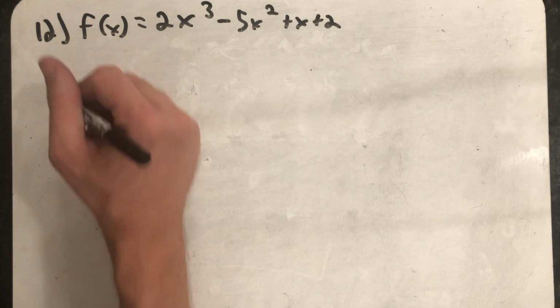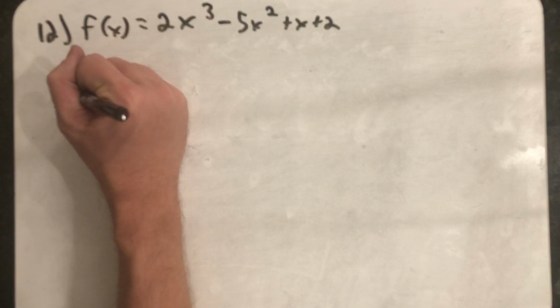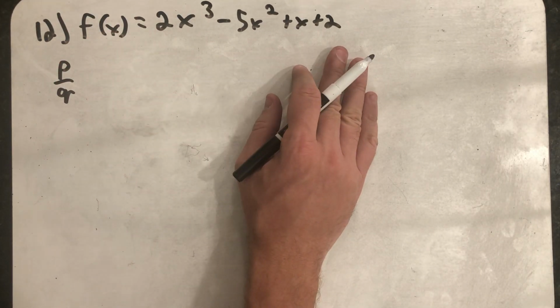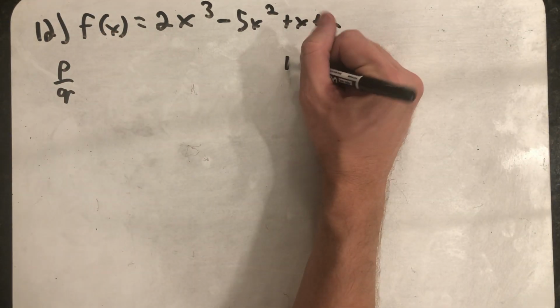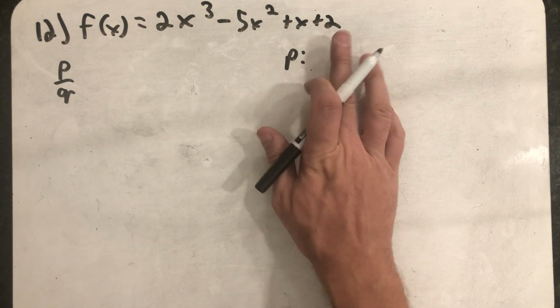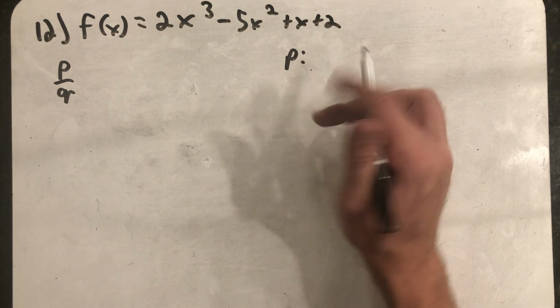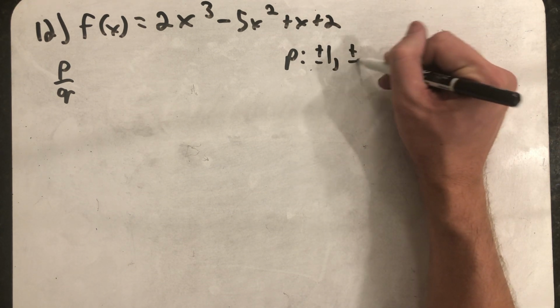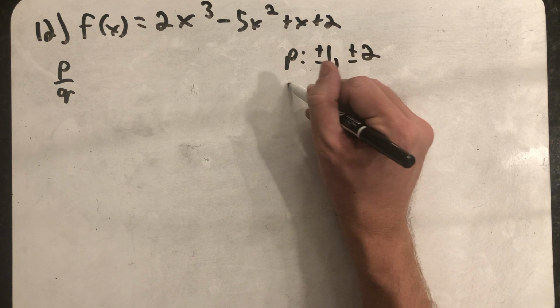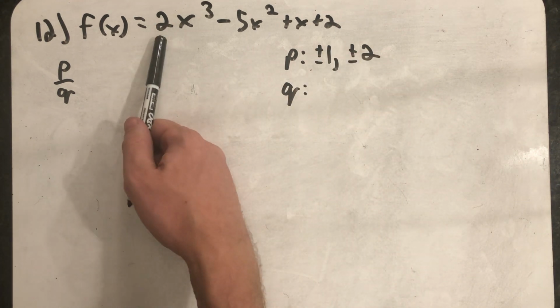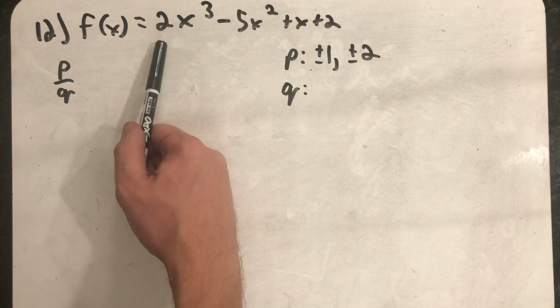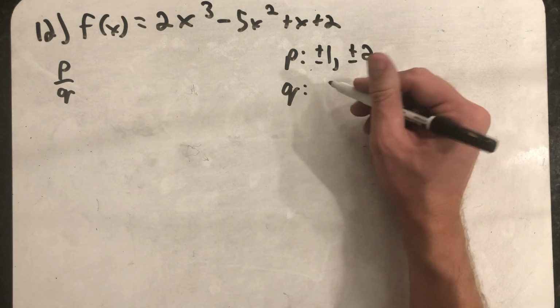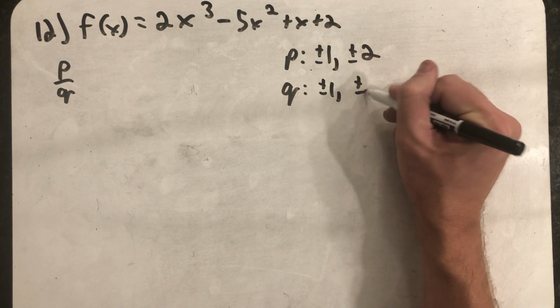So, the rational roots theorem says that if I have a rational root, it's in the form of p over q, where the p's are factors of the constant term at the end. Well, the only factors of 2 are plus or minus 1 and plus or minus 2. And the q's are factors of the leading coefficient. So again, plus or minus 1 and plus or minus 2.